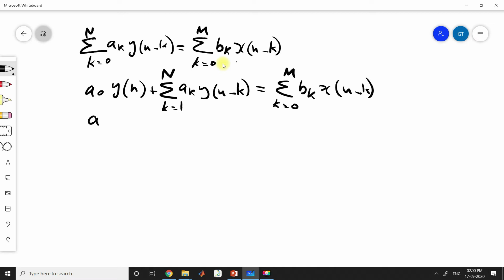Now assume a0 equal to 1, or we are normalizing this expression with respect to a0 by dividing throughout with a0, so that a0 will be equal to 1.